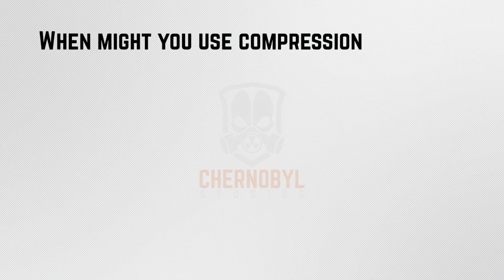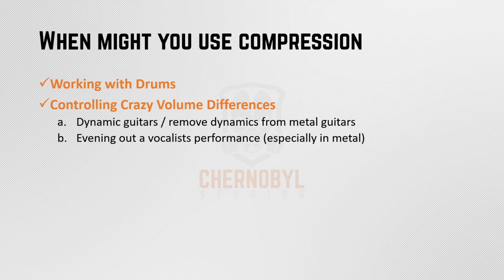Finally, when might you use compression? Obviously, you would use compression on drums. Compression is a great way to shape the tonal aspects of drums, get them sounding much more aggressive, get them punchy, get them to cut through a mix. Now, you can also use compression when you're controlling crazy volume differences. Doesn't that make sense? A popular thing to do is crazy amounts of compression on vocals because vocals are very dynamic.